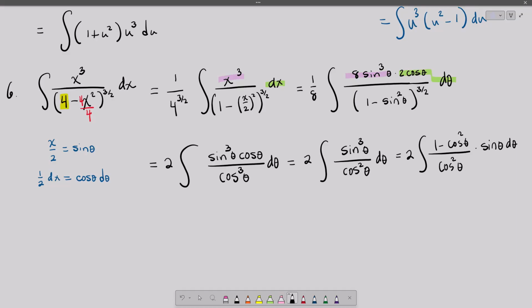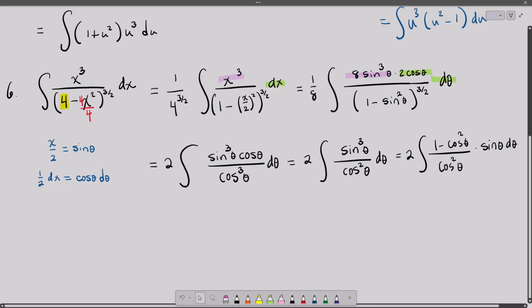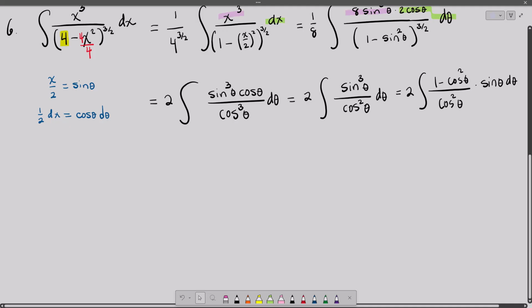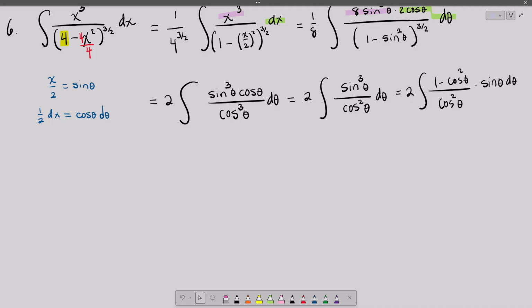Ugh. Doesn't sound good. So then we would let u be cosine. Let's see if we'll go one more step, see where it takes us. Some strange things might happen. We'll see.